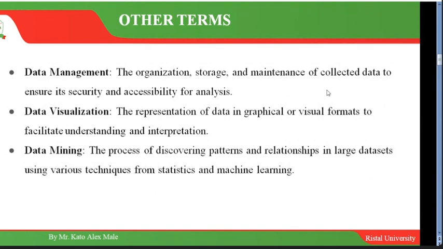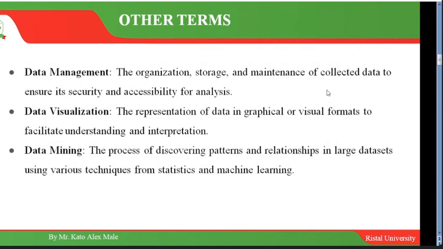Then data mining. It is the process of discovering patterns and relationships in large data sets using various techniques from statistics and machine learning. You have collected a huge amount of data. Among your data, we have demographic characteristics and other variables. Under demographics you have age, sex, education, social income levels, and other things.